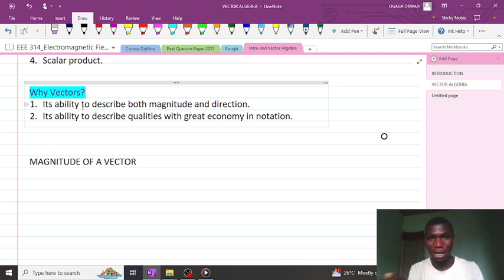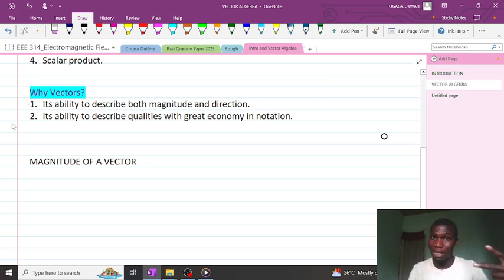When we say great economy in notation, we just mean that instead of having, for example, two equations, we can have one equation that contains what we are supposed to have in two equations. Just like we have motion in the x direction and in the y direction. That's two dimensions.